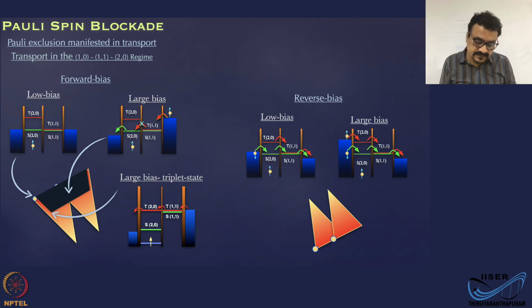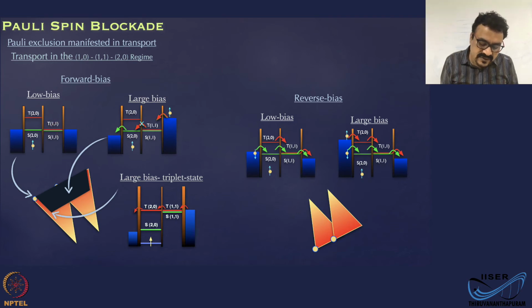Now, in the low bias regime, we know that we have only the triple points. No triangles are possible. The triangles come when you increase the bias. These points will expand into triangular regions. So in the low bias regime, an electron with spin up or spin down can tunnel here.